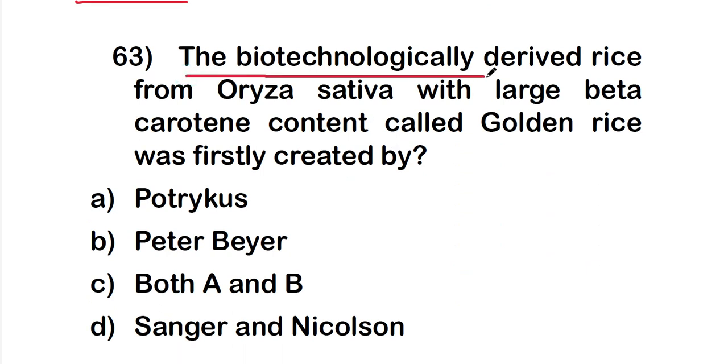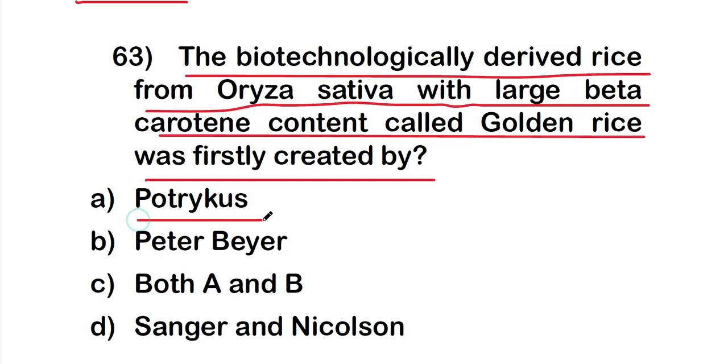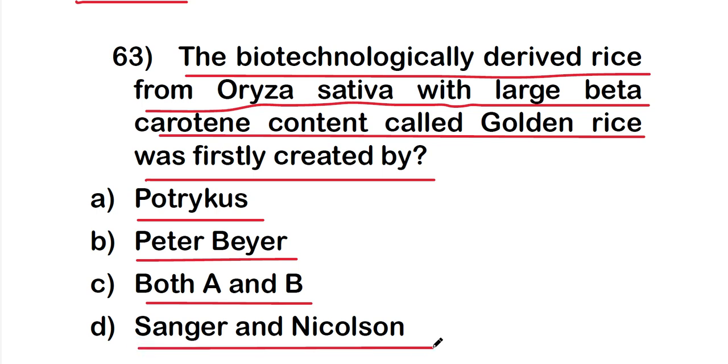Question number 63: the biotechnologically derived rice from Oryza sativa with large beta-carotene content, called golden rice, was first created by option A, Potrykus, option B, Peter Beyer, option C, both A and B, and option D, Sanger and Nicholson.